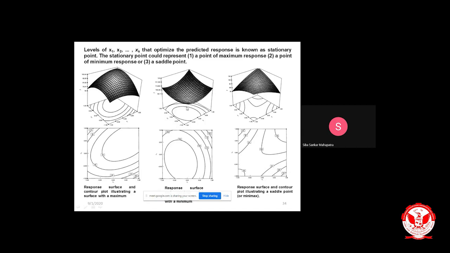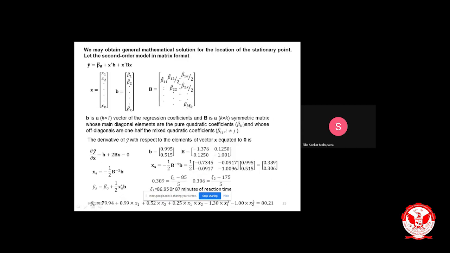So how to get this? Now the predicted y hat value can be written in the second order model that we have fitted, where x is all these xk variables, b is beta 1, beta 2 up to beta k.